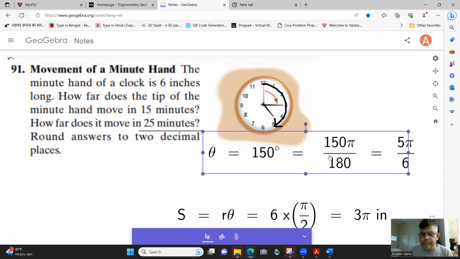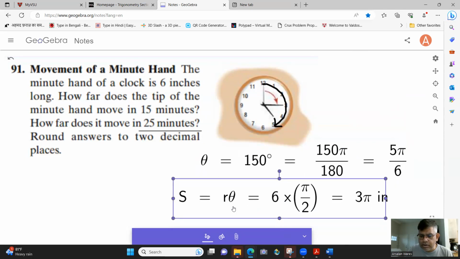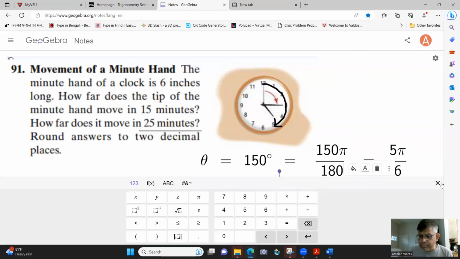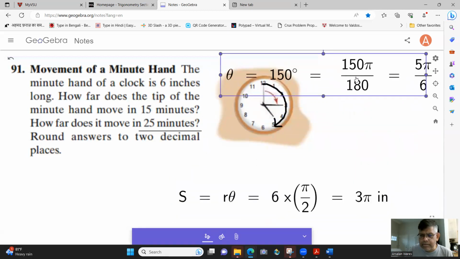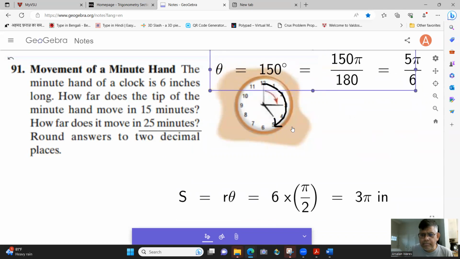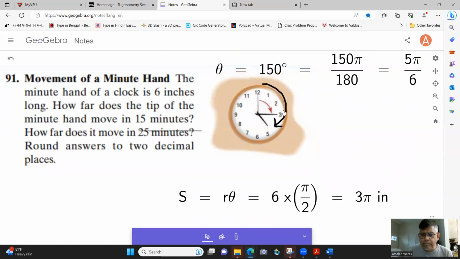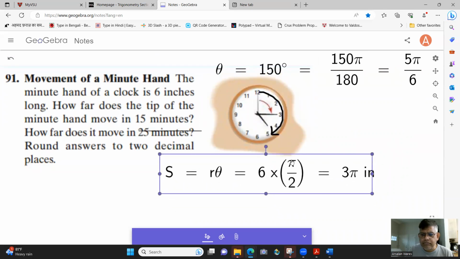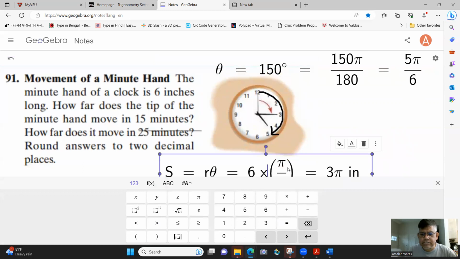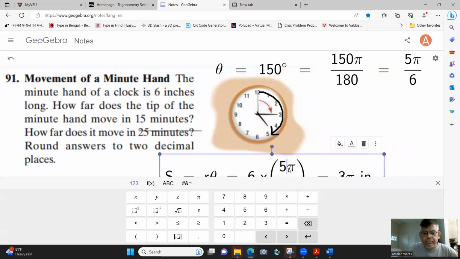So everything is fine except for here. When I find S, my radius is still 6, but my theta is, let me grab it and put it here. Theta is 5 pi over 6, and that's some good news here.